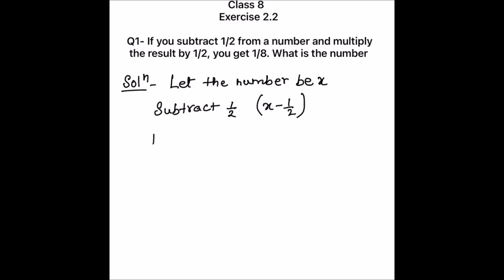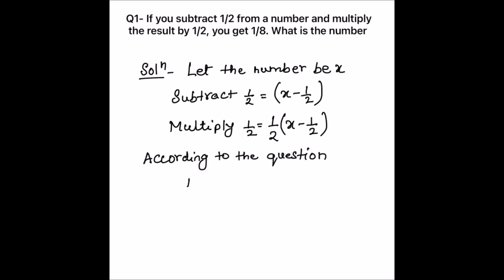Now multiply the result by half. So x minus half times half. According to the question, half times x minus half equals 1 by 8. So by solving this equation, we'll get the value of x, which will be the number.